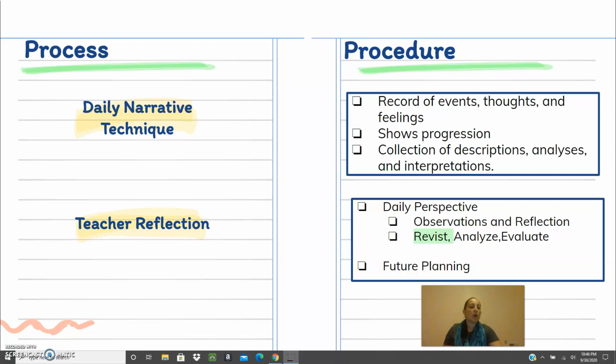But it is ultimately a collection of all of those assignments that you're giving, all of the thoughts that they have on them, their descriptions, their analysis of whatever you're giving them, and their interpretations, once again, of assignments, prompts, problems. It's all in that one spot.